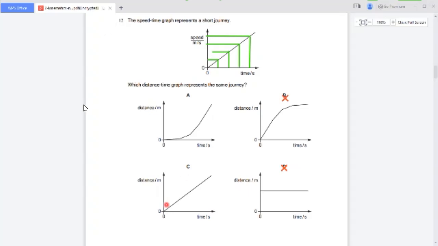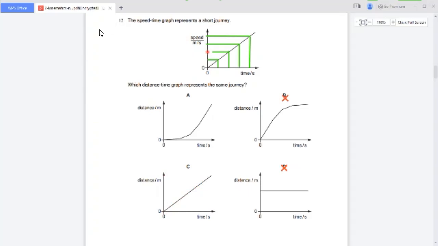Now let's look at this. The distance is increasing uniformly, it means equal distance is traveled in equal amounts of time. But we know that during the first second less distance is traveled, in the second second more distance is traveled.